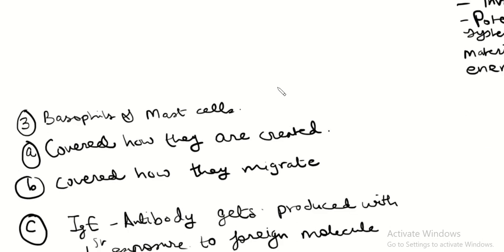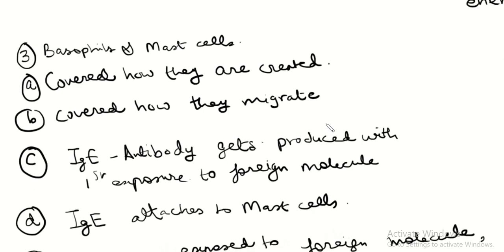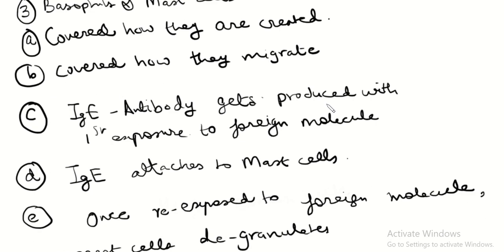Let's go to the next one, which is basophils and mast cells. So we've talked about how they're created. So again, if you're not sure, go back to the anatomy and physiology video, which talks about leukopoiesis. We've also talked about how they migrate.